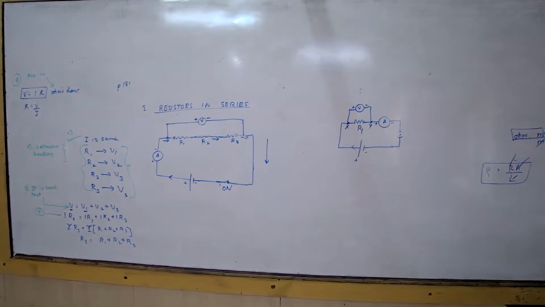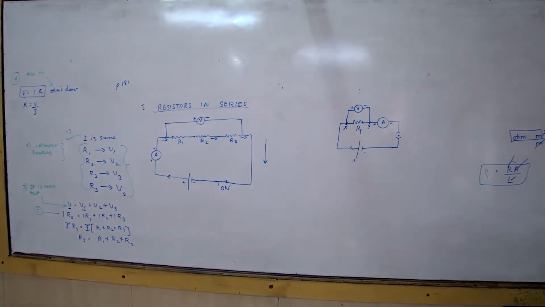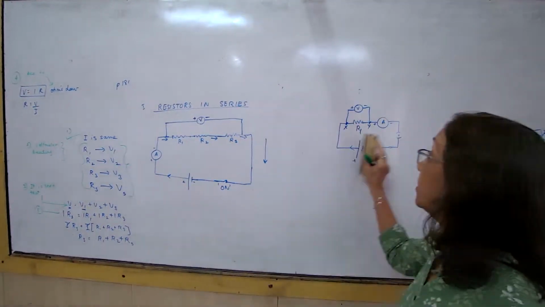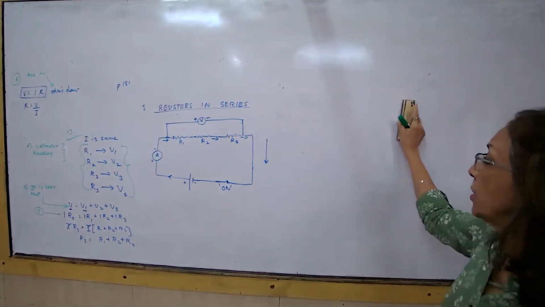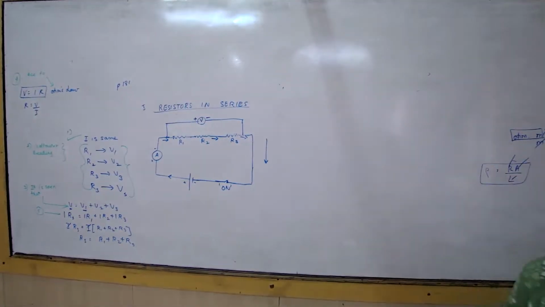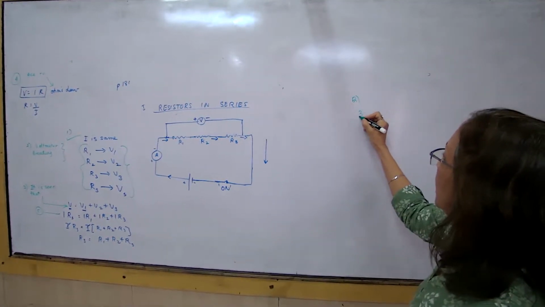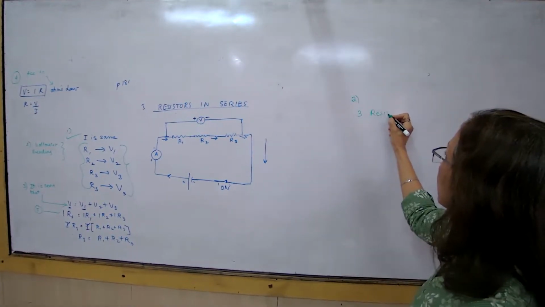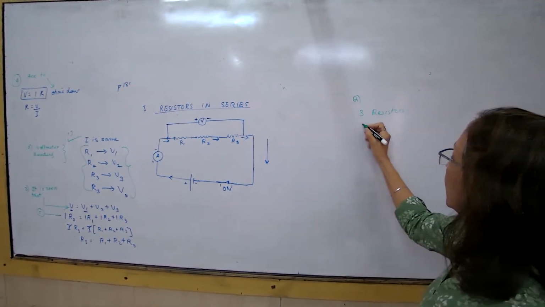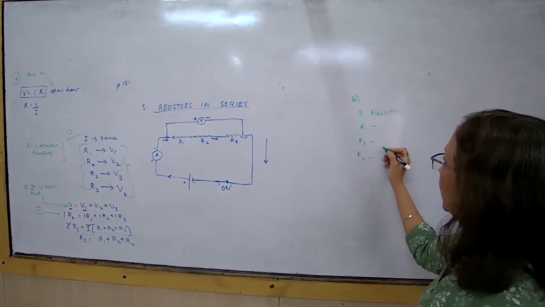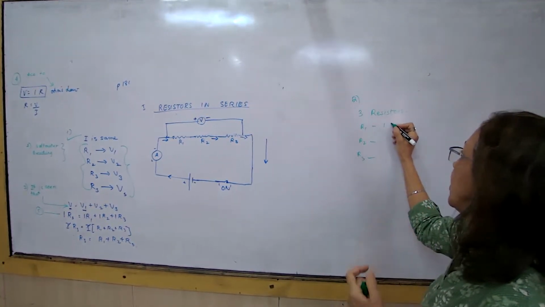Okay, one very simple sum we can do by looking at this, and once we see the actual numbers, you will also understand another point. Take down this question. Question 3. I'm just giving you some values just for us to understand.